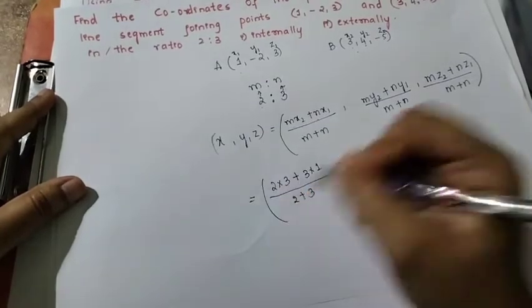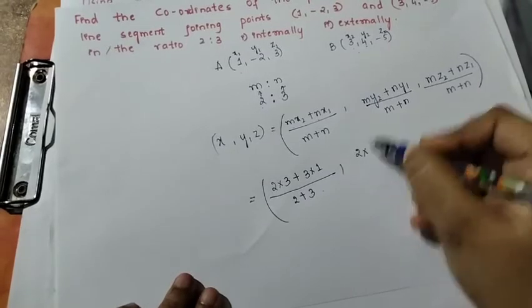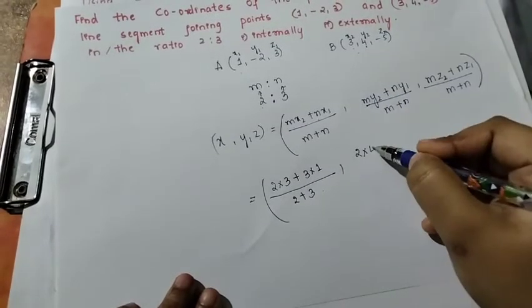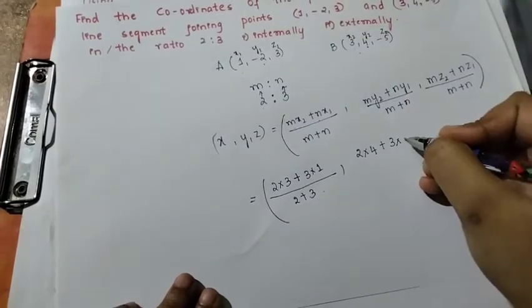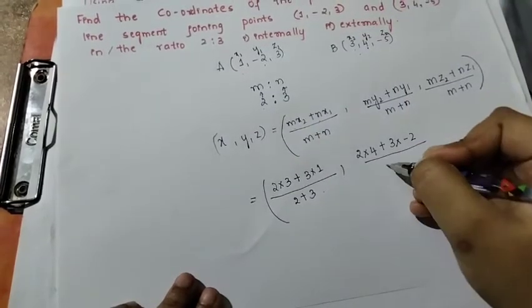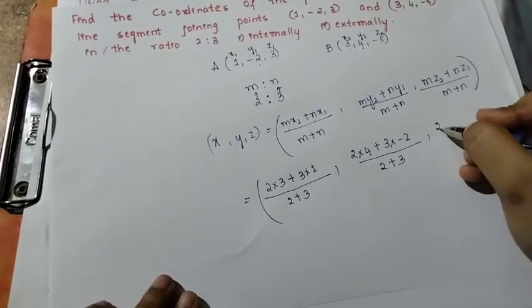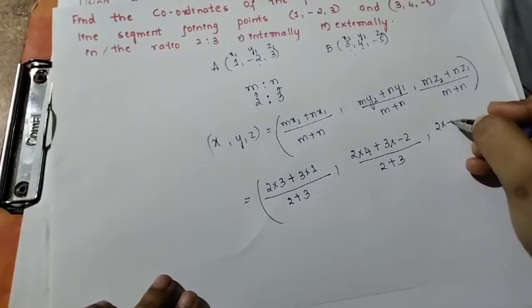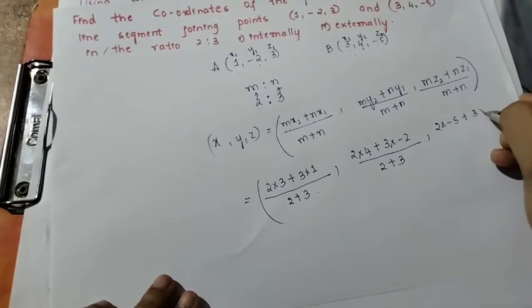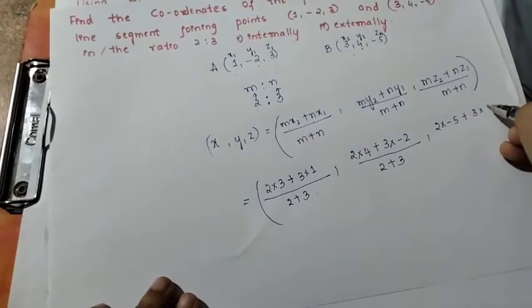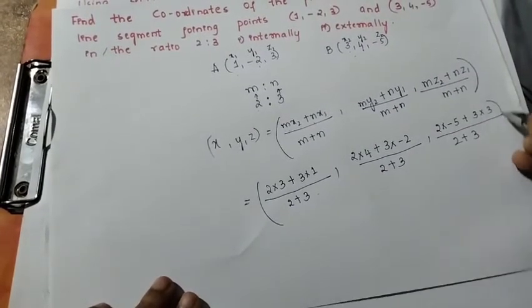Next, m is 2 into y2 value 4 plus n is 3 into y1 value minus 2, divided by m plus n, which is 2 plus 3. Next, m value is 2, z2 value is minus 5, plus n value is 3, z1 value 3, divided by 2 plus 3.